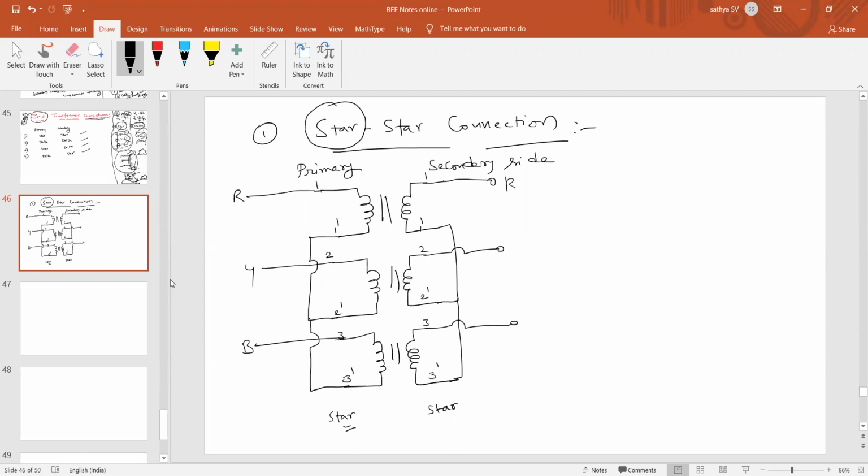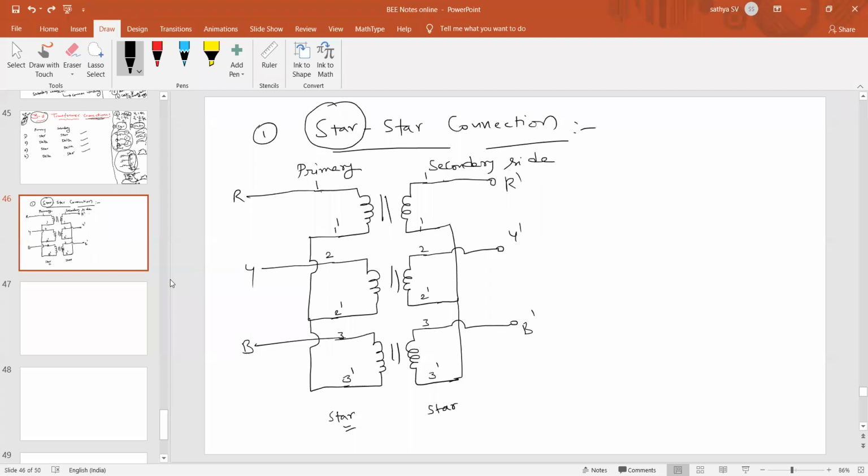Done. R dash, Y dash, B dash, where you can connect your load on the secondary side of the transformer. Here you have load terminals, where you can connect your load.